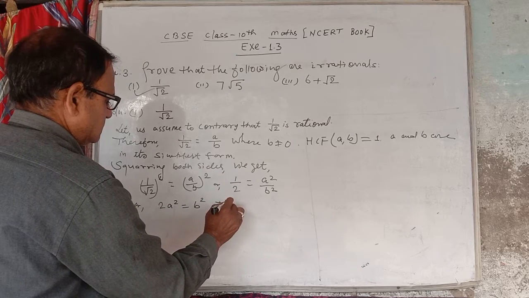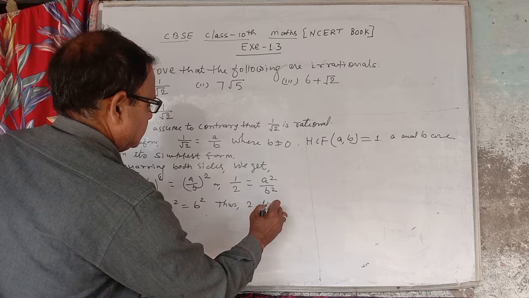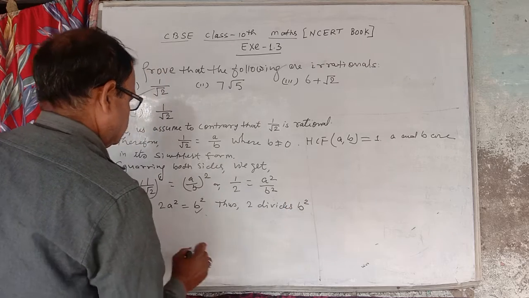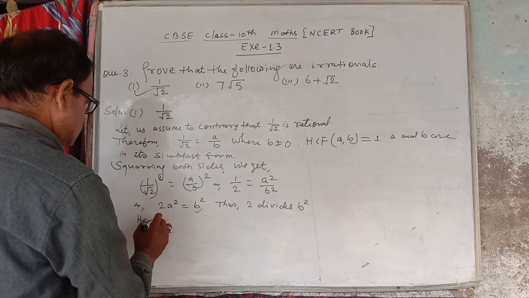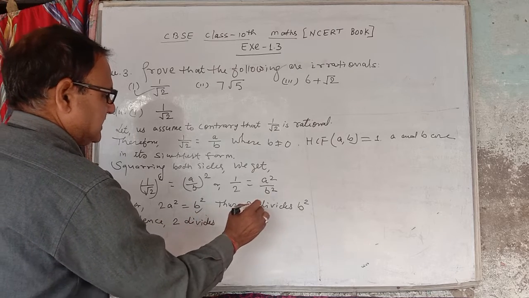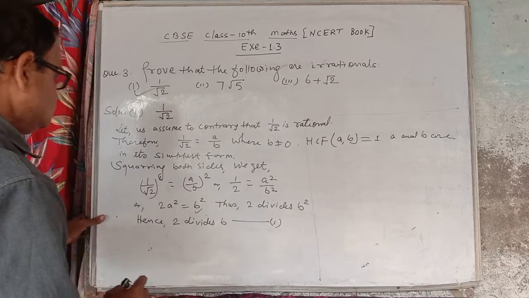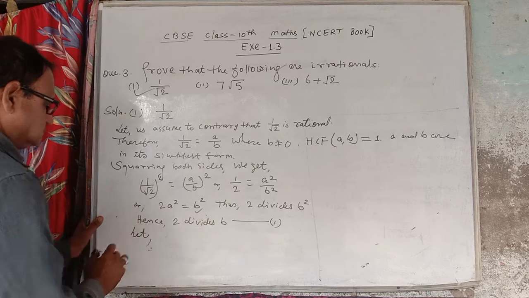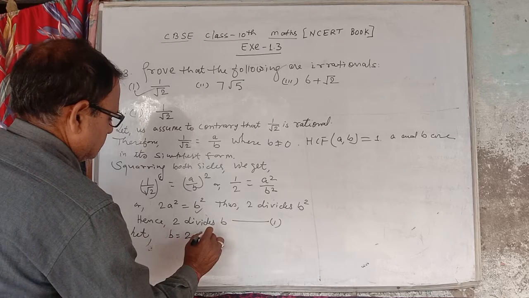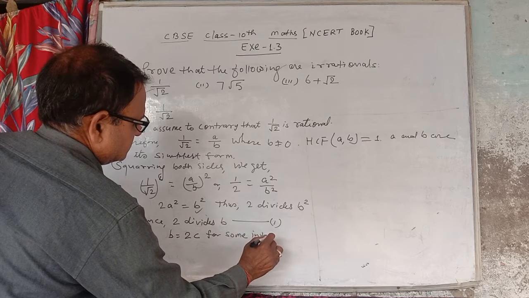Thus, we can say that 2 divides b square, hence 2 divides b. Let b is equal to 2c for some integer.